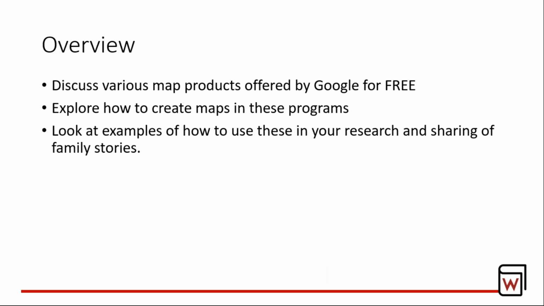Today we're going to discuss some of the various map products that are offered by Google for free and explore how to create maps in these programs. We're also going to look at some examples of how this can relate to your research and how it can benefit you and help you share family stories with others.